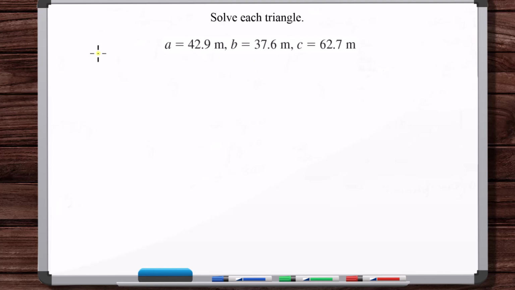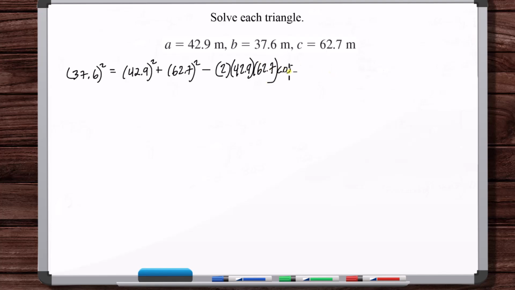Okay, side, side, side. Let's pick an angle to solve for. So what about B this time? All right. Law of cosines, 37.6 squared is equal to the sum of the squares of the adjacent sides minus 2 times the product of the adjacent sides times the cosine of the angle that we're using the law of cosines with.